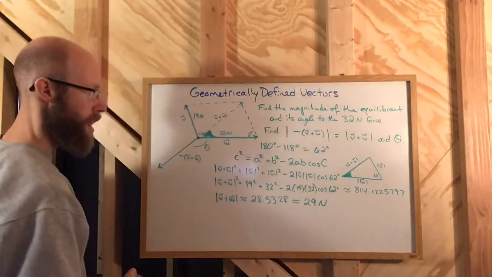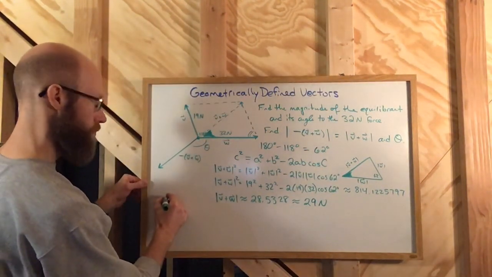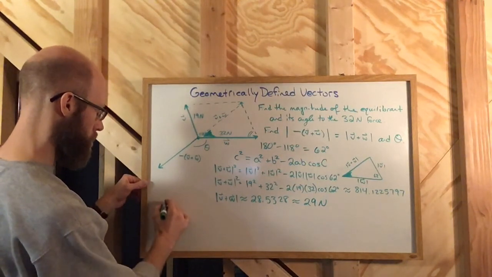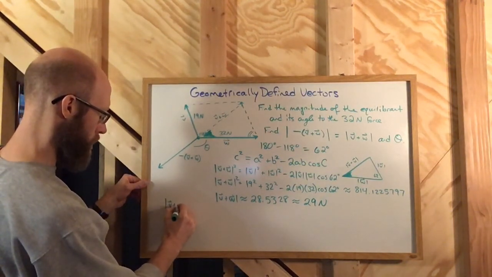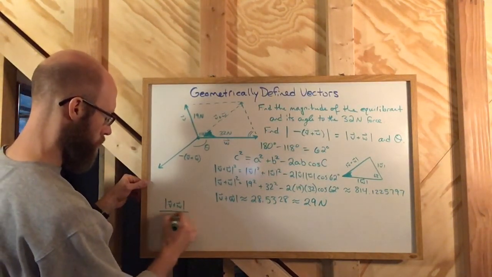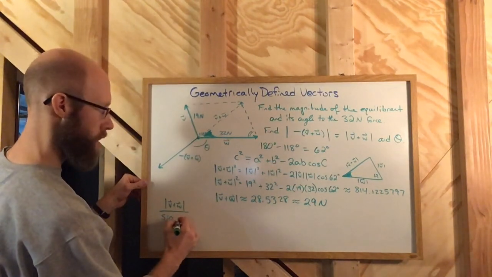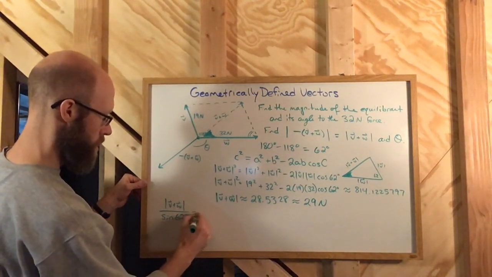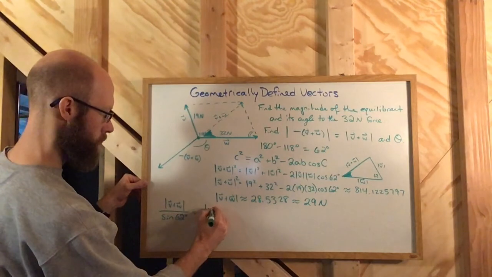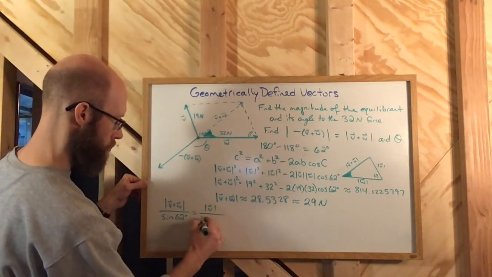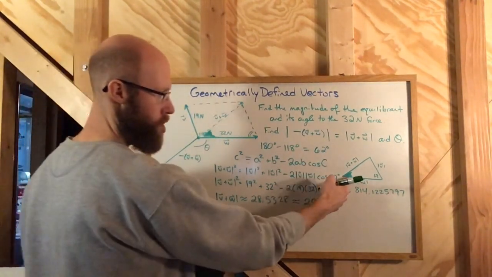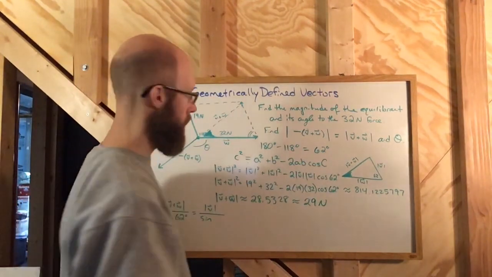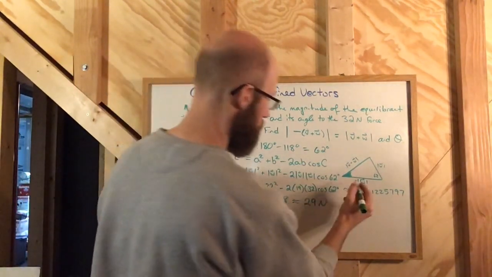So the law of sines tells me that the magnitude of v plus w over the sine of 62 is equal to the magnitude of v over the sine of whatever this shaded angle is. Maybe I'll call that angle alpha.